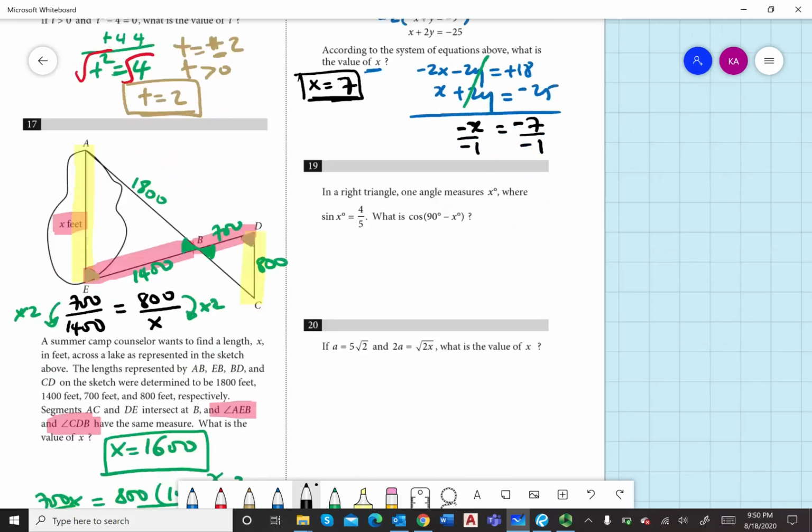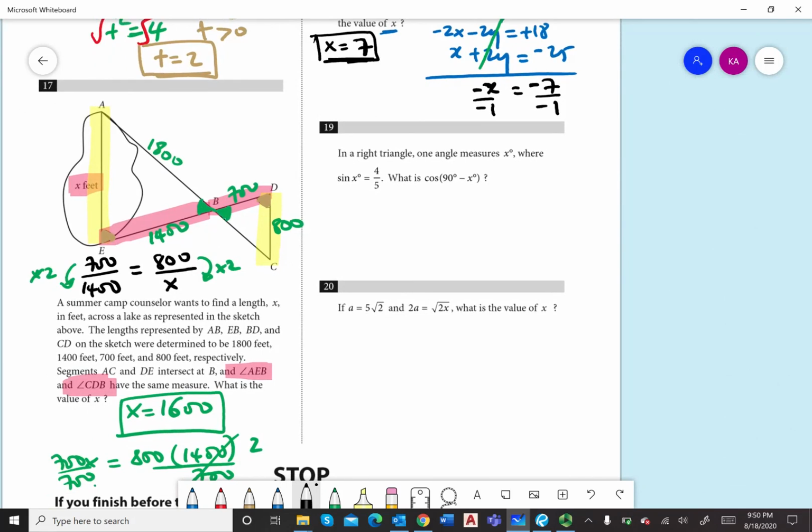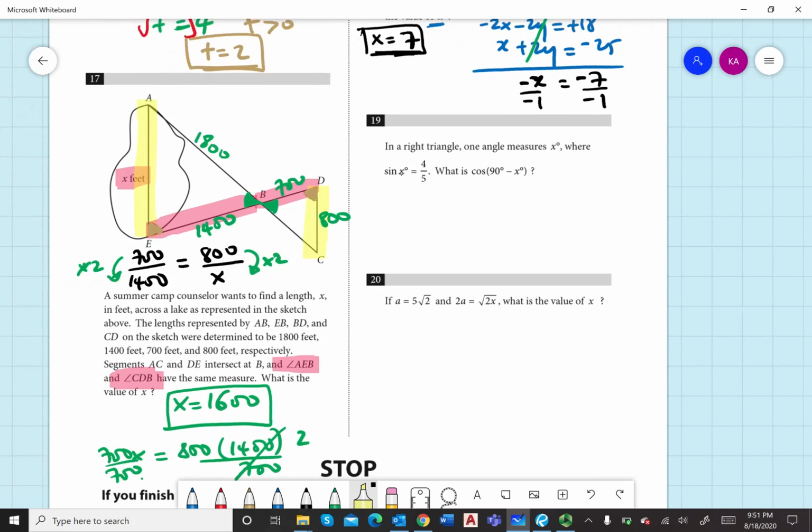Then I go to question number 19. So question number 19 says, in a right triangle, one angle measures x degrees where sine x is equal to 4/5. What is cosine of 90 minus x? Okay, what kind of pulls me into knowing what to do is this x here and the 90 minus x.